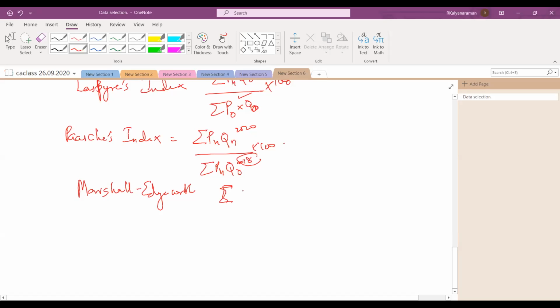So sigma of Pn into Q naught plus Qn by sigma of P naught into Q naught plus Qn into 100. Average is by 2, that by 2 will cancel, so we have not written that. So this is called the Marshall-Edgeworth index.